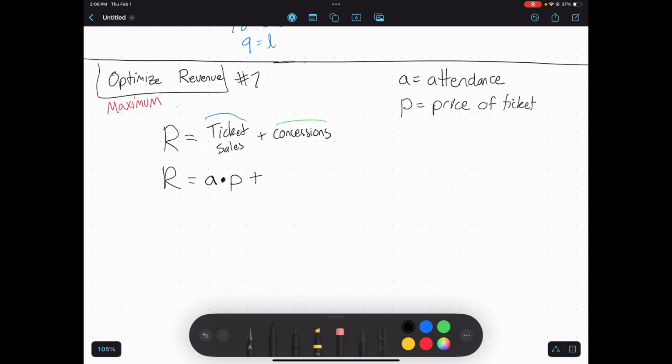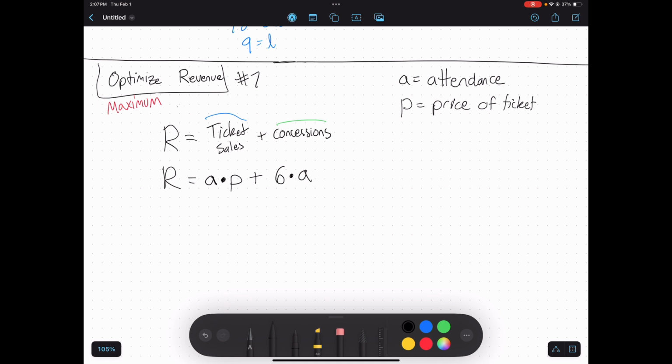We're just worried about revenue. So in my problem, each person was spending an average of $6 at concessions. So that means my concessions is $6 per person. Well, what's per person? The attendance. This is 6 times the attendance.